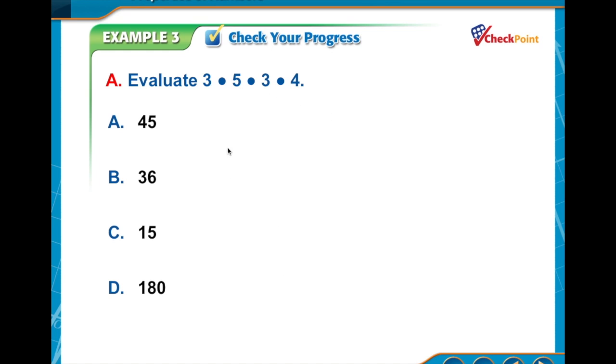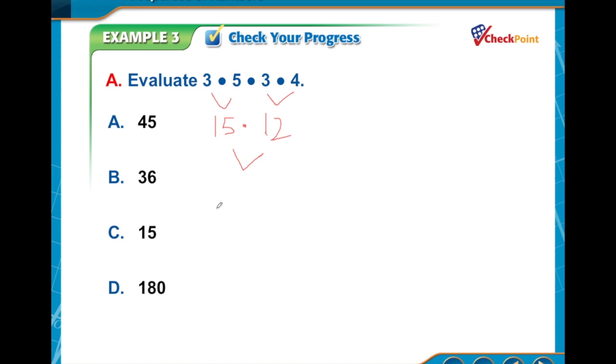But if we just keep it as is, just for simplicity's sake, we know 3 times 5 is 15. So if we mark that here, we know 3 times 5 is 15. I know 3 times 4 is 12. So if I bring that down, that's 12. And then we need to know, what is 15 times 12?